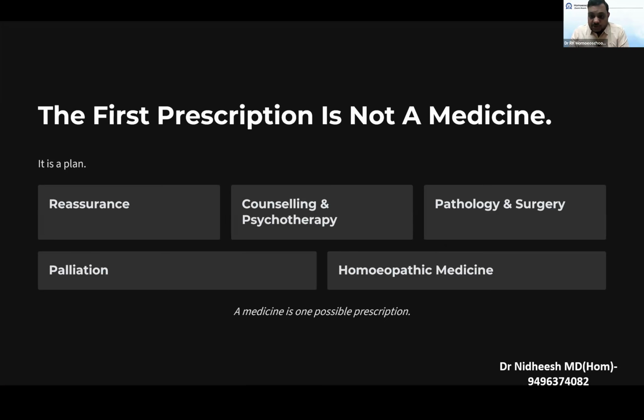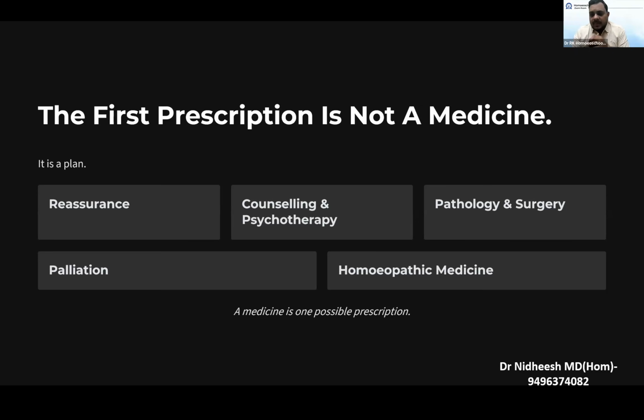Sometimes he may need surgery. Sometimes he may need a pathological prescription. Sometimes the case may be palliation. Sometimes we have to prescribe the homeopathic medicine. So, what a patient needs, that is the question, and that is the point which I want to explain today.